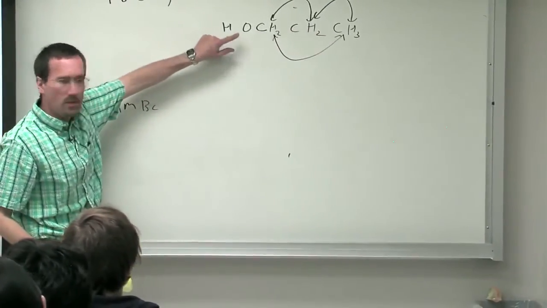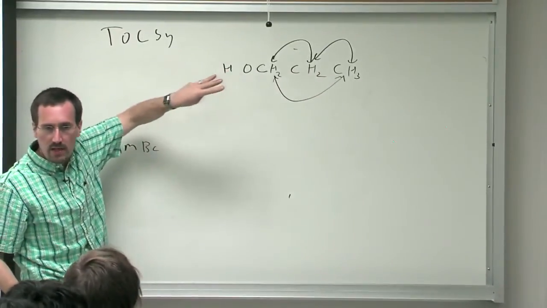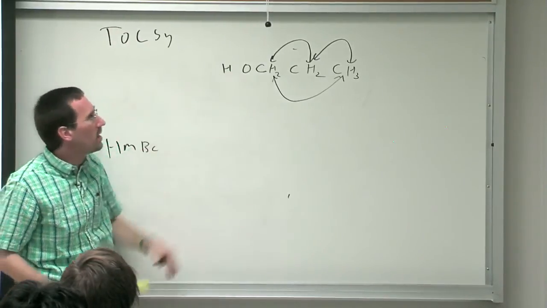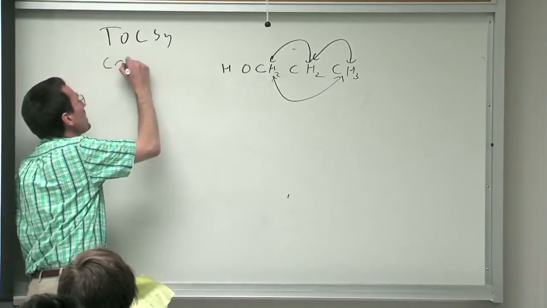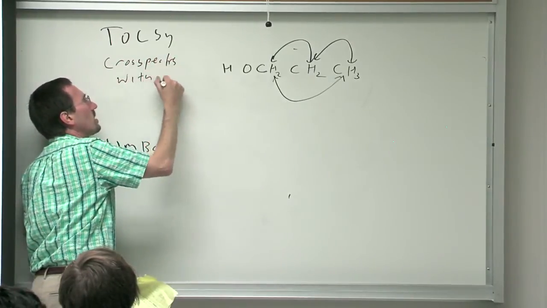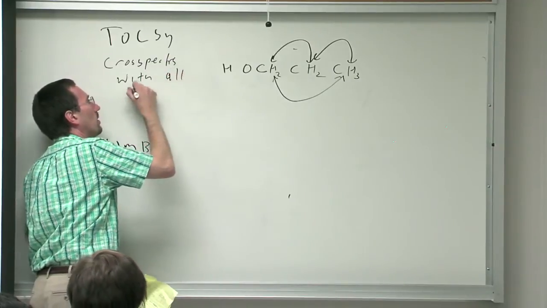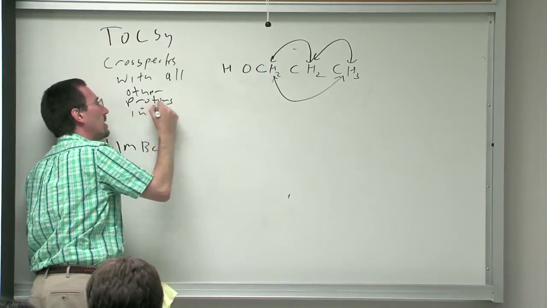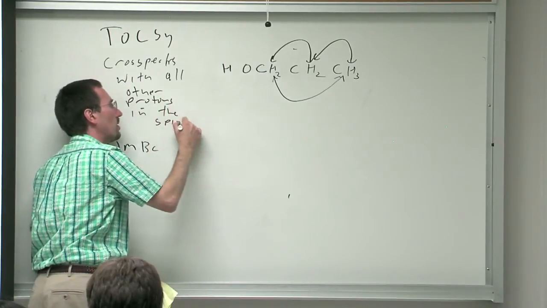You don't get a cross peak with this OH if it's exchanging, because if it's exchanging, it's not part of the spin system. But what you get is cross peaks with all other protons in the spin system.